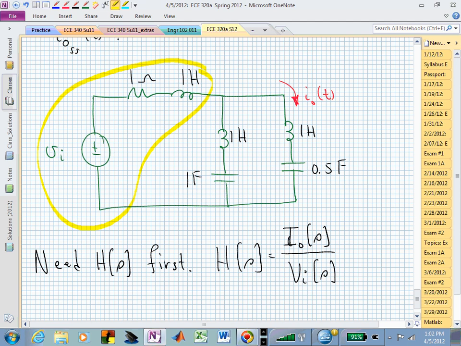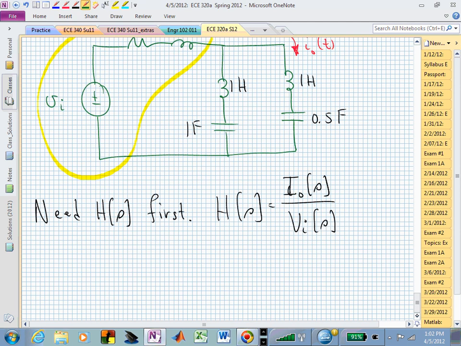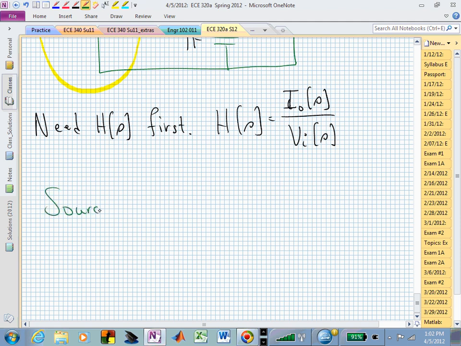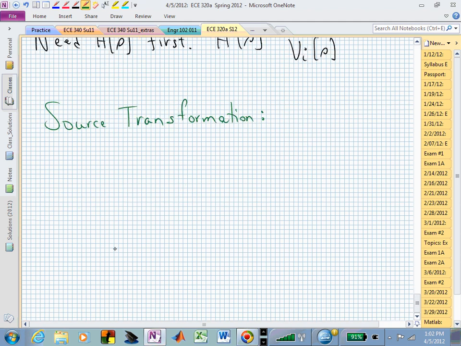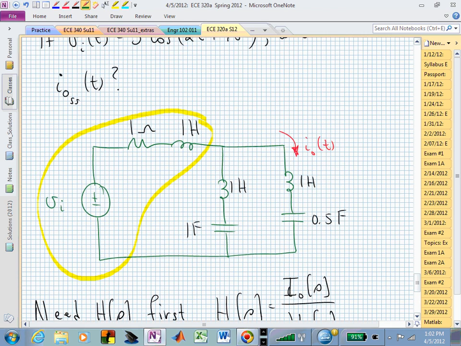But if we do a source transformation, and at the same time go into the S domain, we have our input voltage source divided by the series impedance, which now we want to keep in the S domain.